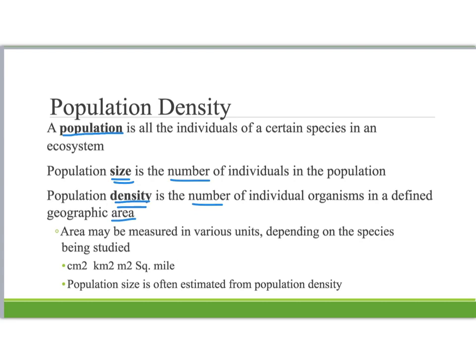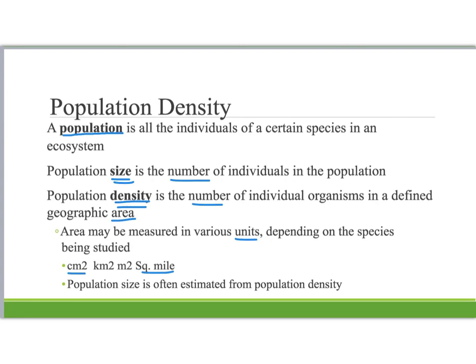So it gives you a sense of how they're spread out, how thick they're crowded together, or how much space is in between individuals. Depending upon what we're studying and how big this area is, we measure the area in various units.